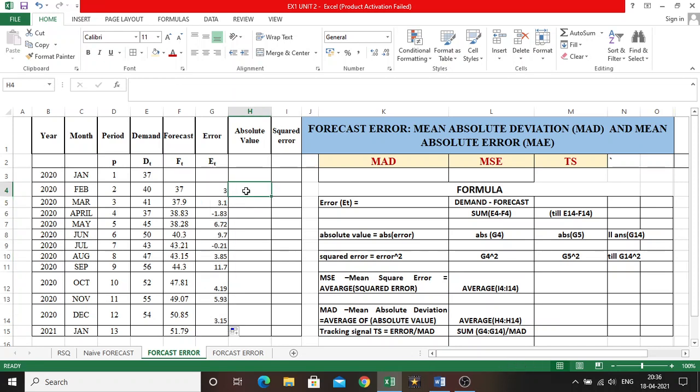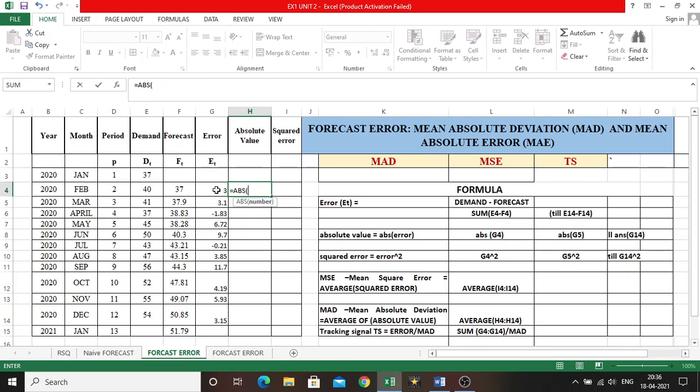Now we have to compute the absolute value. The absolute value can be calculated by including the function called absolute. In Excel there is a function called absolute. So, type equal to and type ABS. This ABS function is known as absolute value.